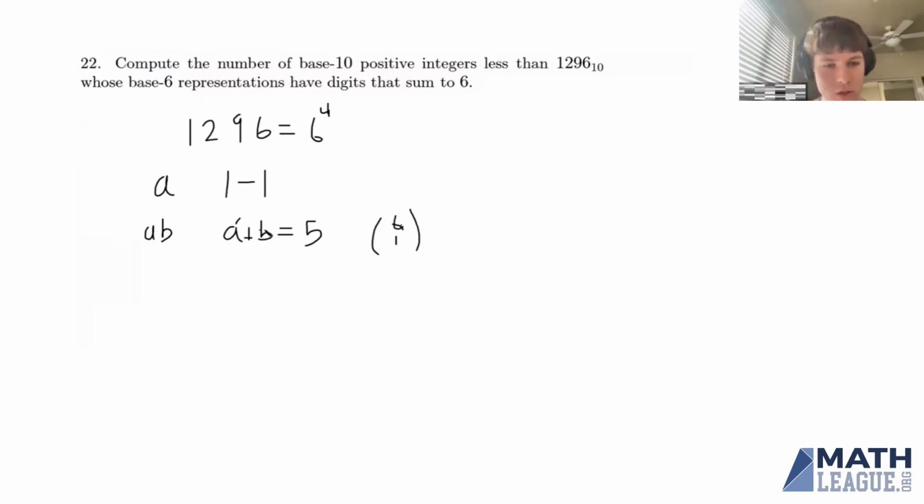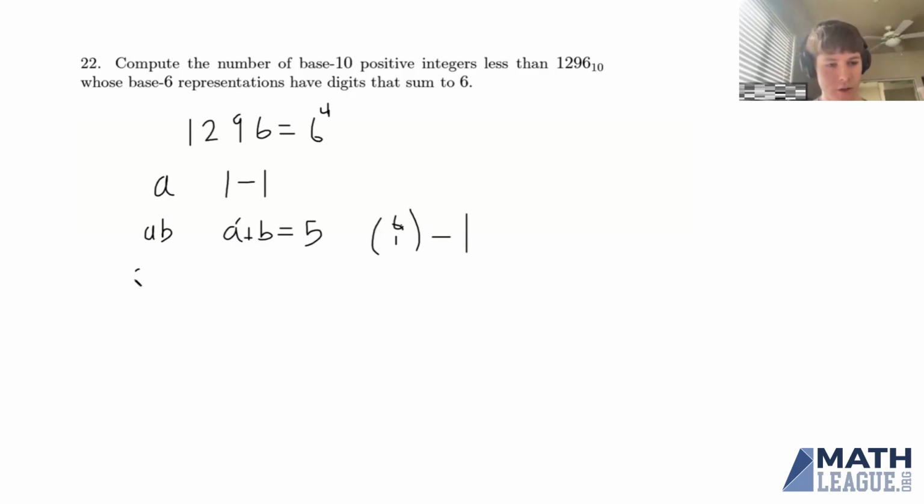Since we subtracted 1, A prime can be from 0 to 5. If A prime is 5, then that means that A is going to be 6, and then our original number would be 6, 0. But we can't have that, so we just have to subtract off one case.